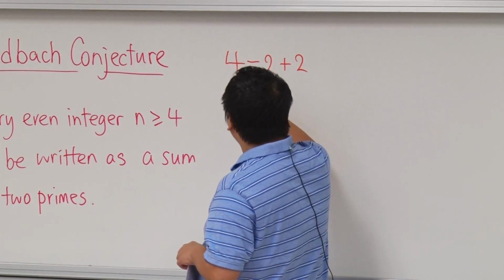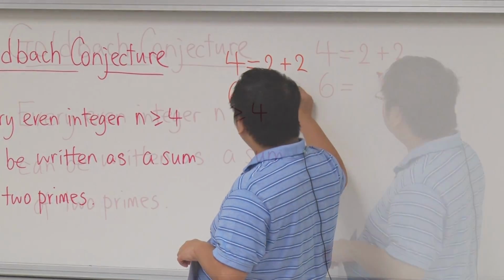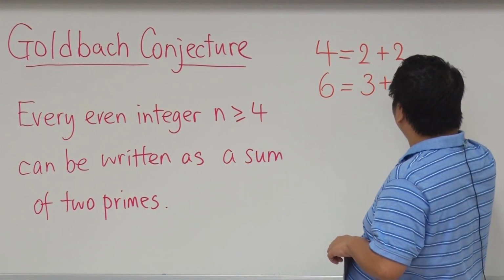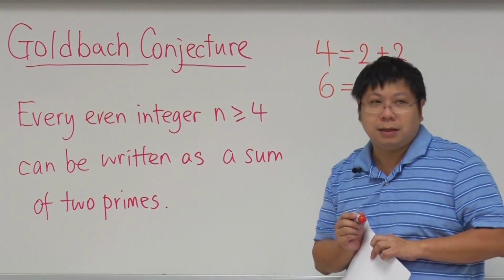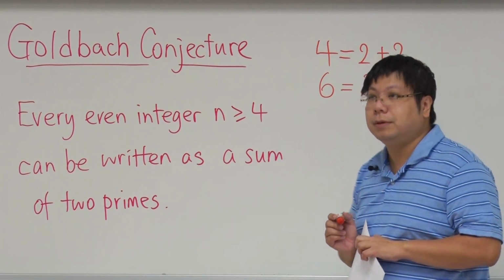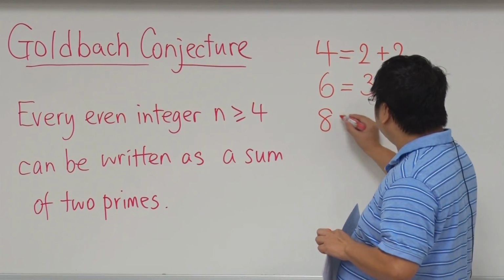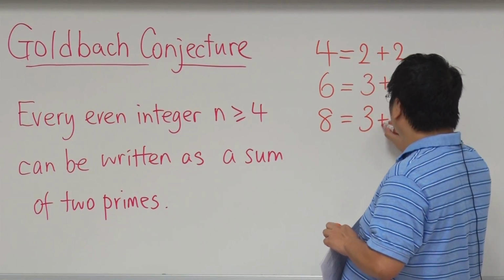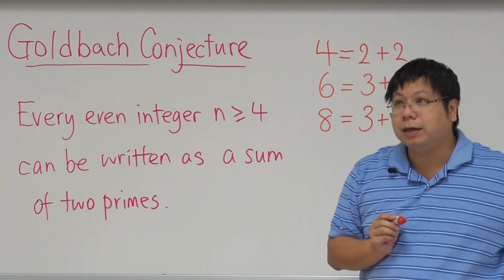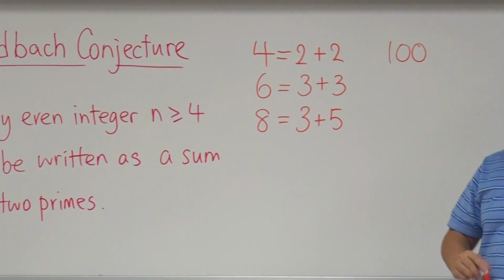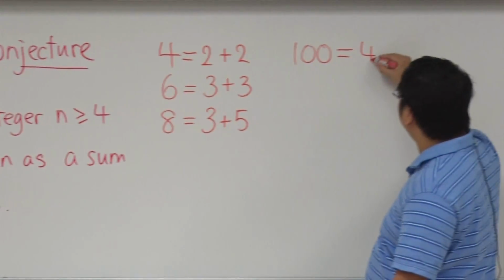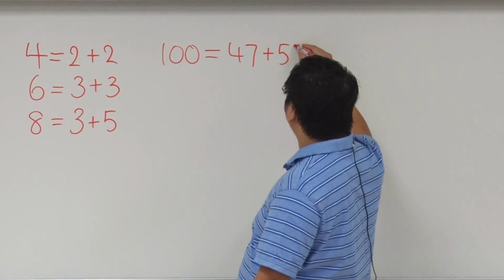If you look at 6, you can write it as 3 plus 3. 1 plus 5 is not okay because 1 is not considered a prime. If you look at 8, you can write 3 plus 5. Is that okay? If you write 100, maybe you can write it as 47 plus 53.